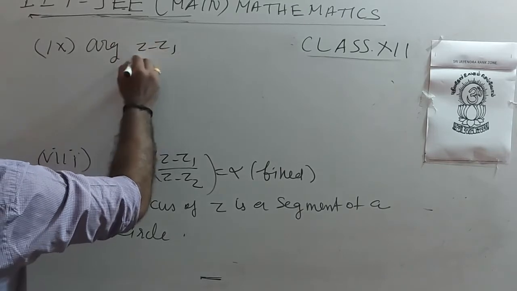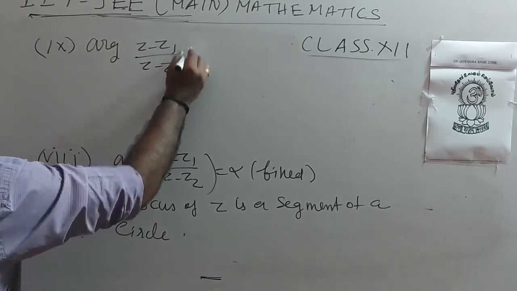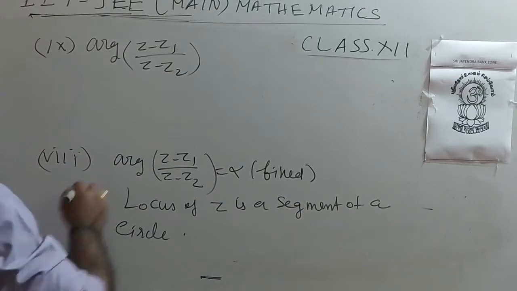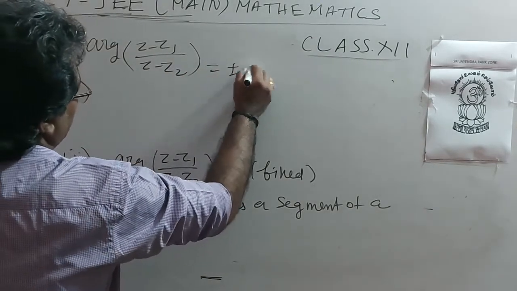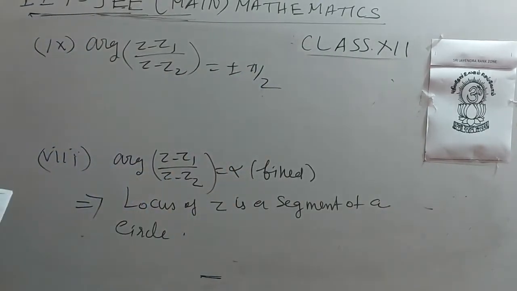Argument of z minus z1 divided by z minus z2 equal to plus or minus pi by 2.